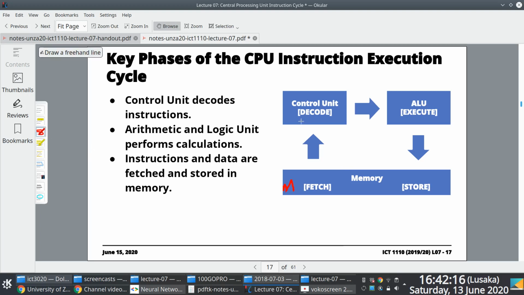The decoding of instructions is obviously done by the control unit. This has been mentioned numerous times now. Execution is obviously done by the arithmetic logic unit. And once the instruction is successfully executed, in the event that there are results generated, those results are stored into memory.